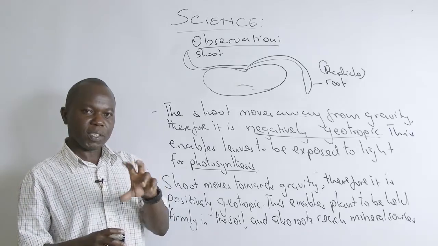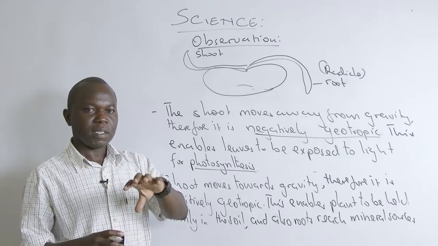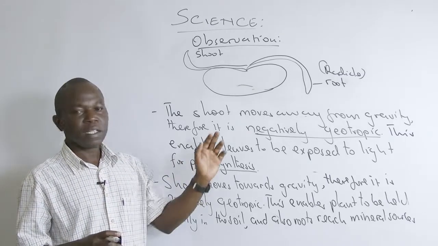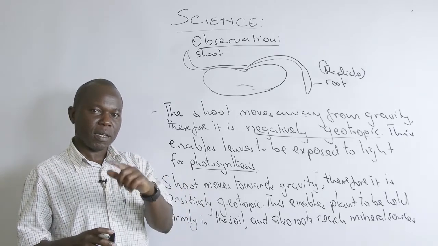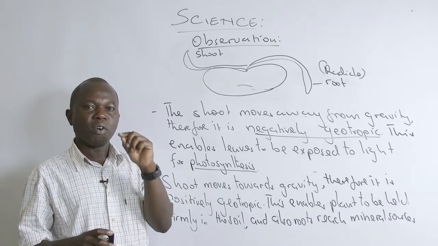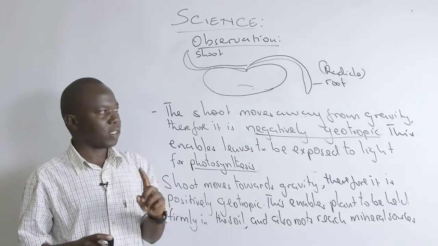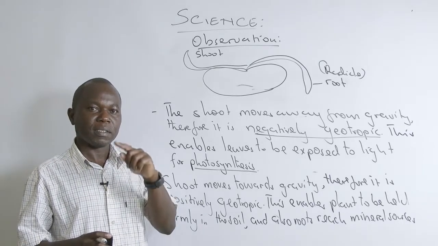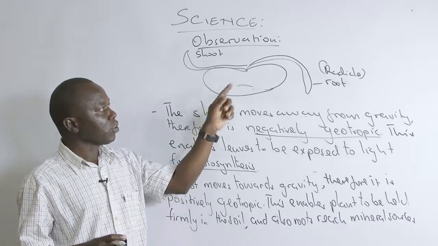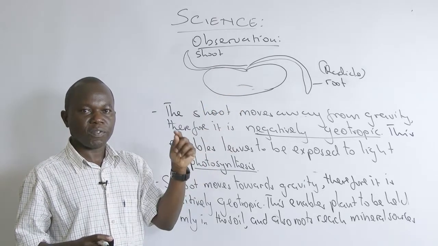But now, suppose that illustration or that experiment is slightly twisted, such that the bean seedling is held not just on a stationary cardboard, but on a clinostat. A clinostat is an apparatus that rotates. When it rotates, it is going to nullify the effect of auxins.